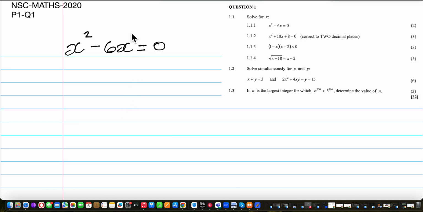What we need to remember here is that the standard quadratic equation is ax squared plus bx plus c equals 0. In this case, you would have all three terms, the ax squared plus bx plus c terms. Here we only have the ax squared term, which is x squared. The bx term is the minus 6x, and the c value is 0. As you can see here, we only have these two.